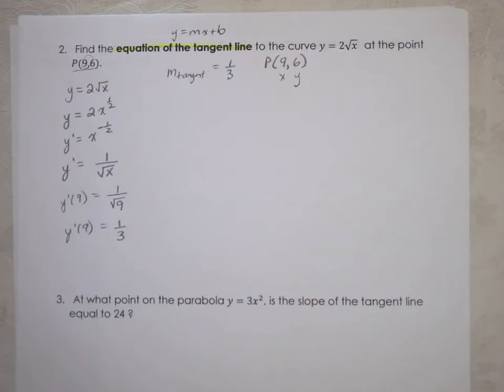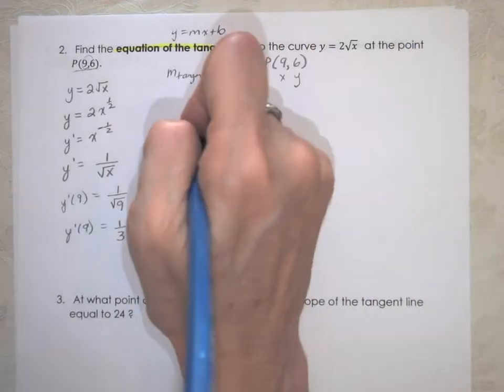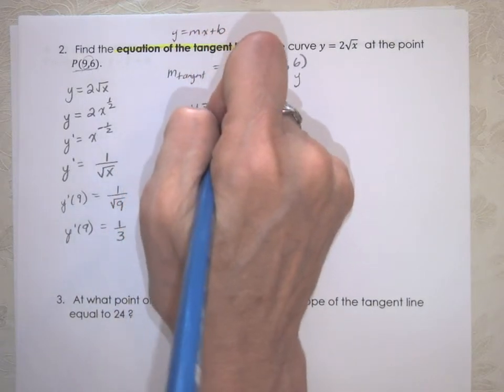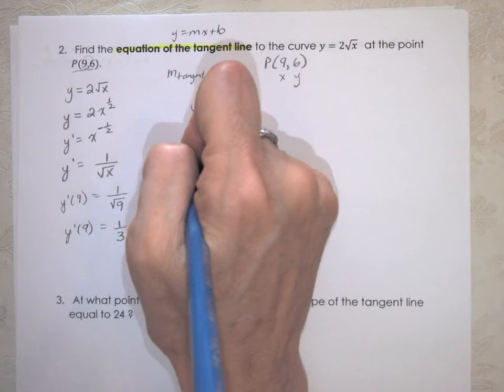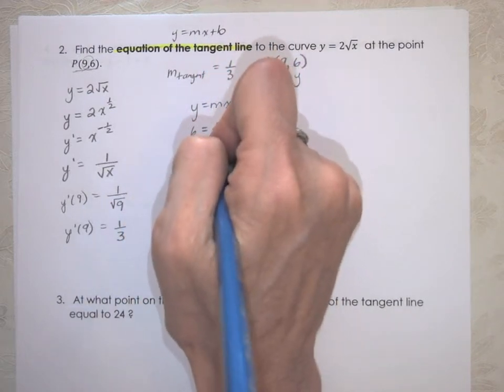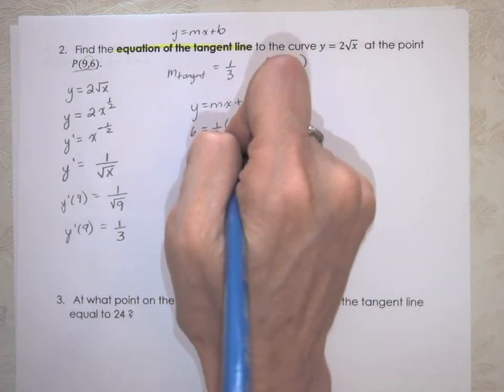And now we can find the equation of the tangent line using y equals mx plus b, where y is 6, m is 1/3, x is 9.